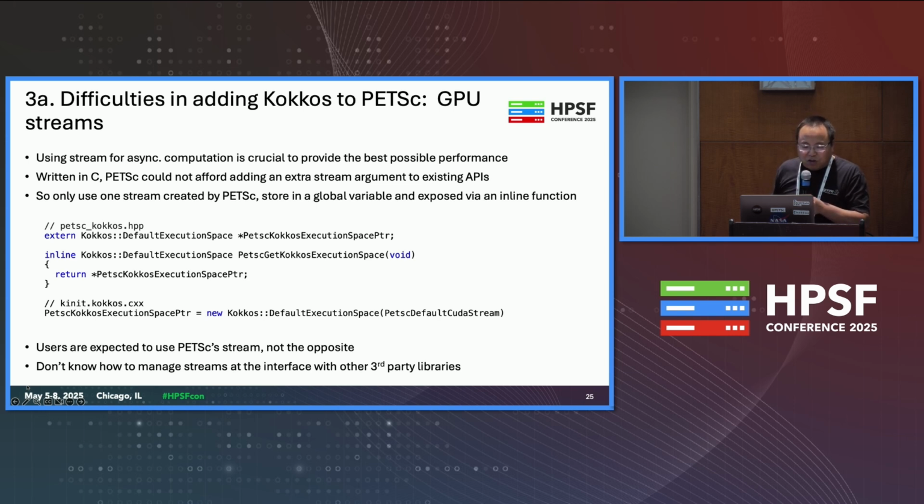We do not have a good approach because, unlike C++ code, PETSc could not afford adding an extra stream argument to existing APIs. So currently, we only use one stream created by PETSc, stored in a global variable and exposed to users via an inline function.